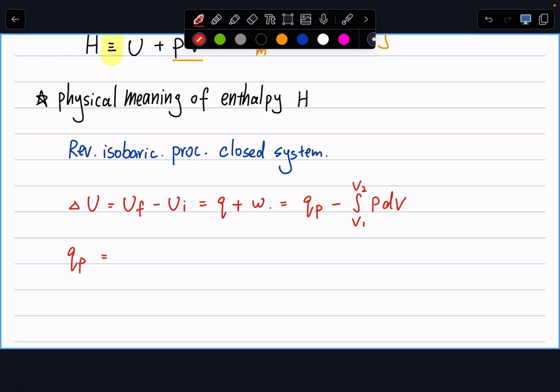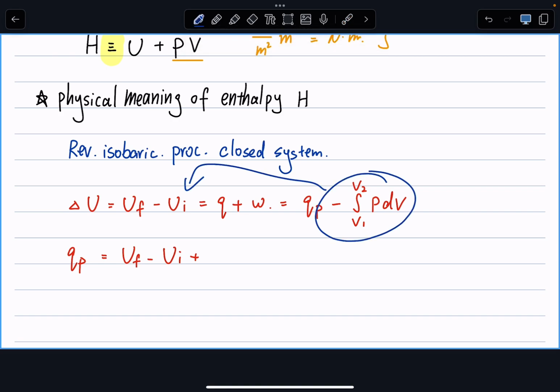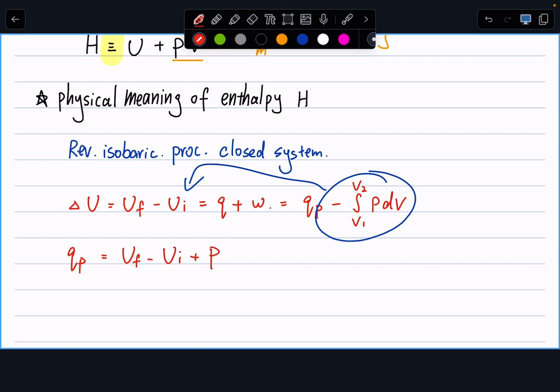Q_P equals U final minus U initial plus, we're just moving this term to the left, this whole term, which is pressure times V2 minus V1, or V final minus V initial. Just moving the entire thing to the left. Since P is a constant, we can take it out of the integral, because we manually set it to be an isobaric process.